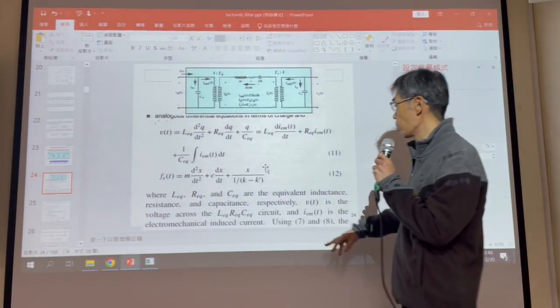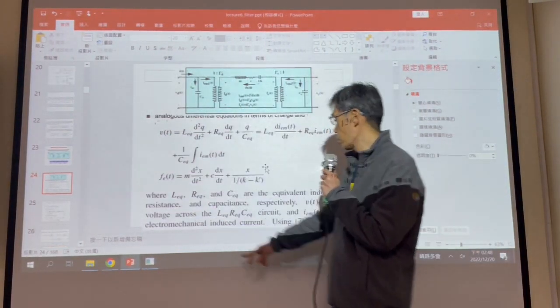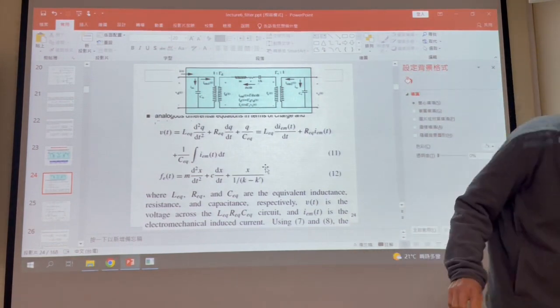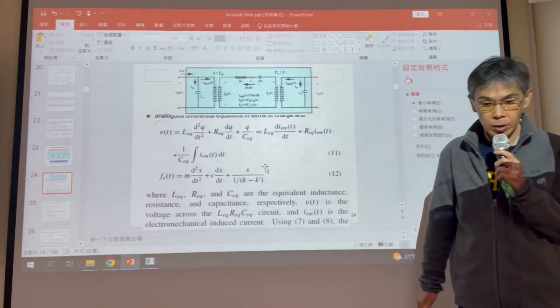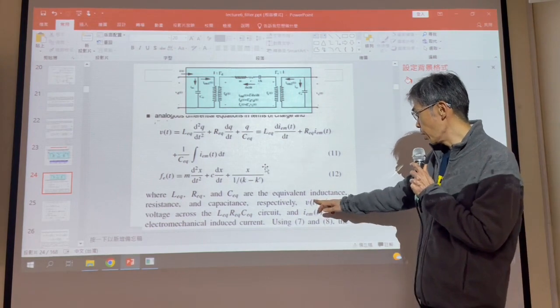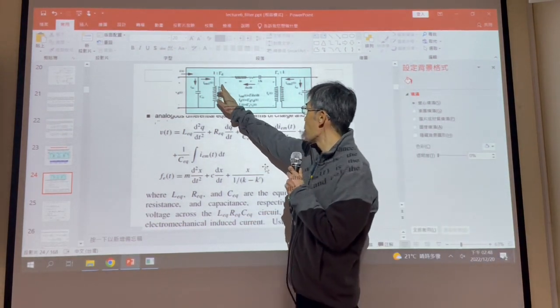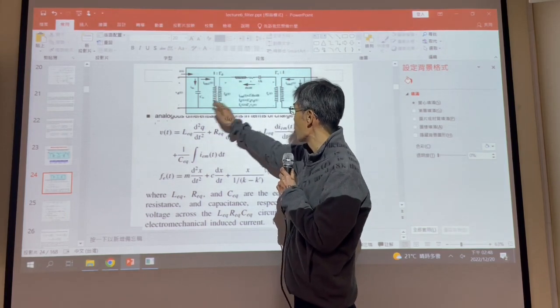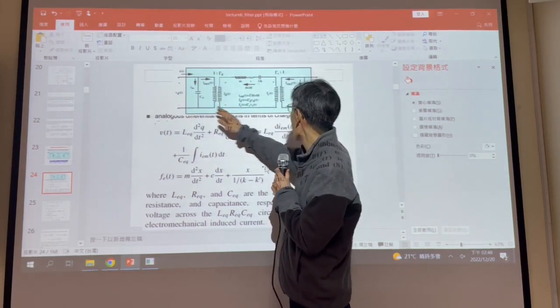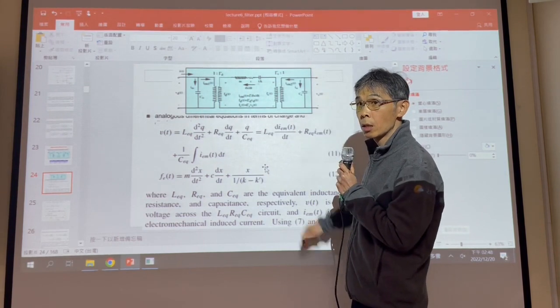In this equation, VT is the voltage cross LRC, so VT equal to VD minus VS. Do you know that?